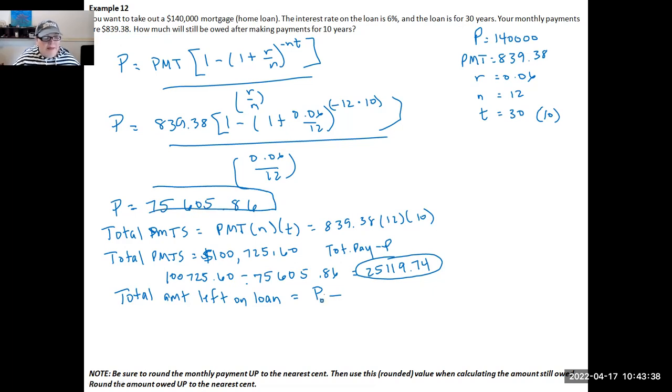So this is the original P. We'll call it P sub naught, because that's the original balance on the loan. Which is up here. Minus the $25,119.74. This will tell me how much is still left on the loan. So 140,000 minus answer equals.